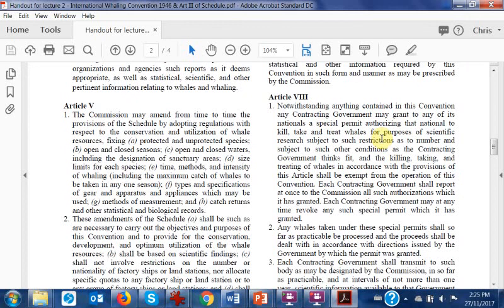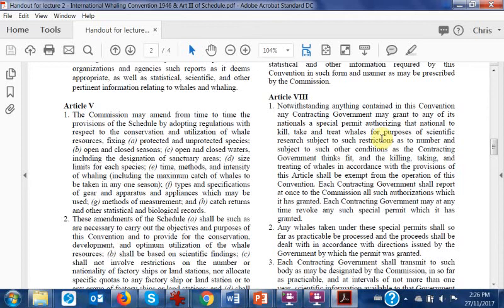Article 8, notwithstanding anything contained in this convention, any contracting party may grant to any of its nationals a special permit authorising that national to kill, take and treat whales for the purposes of scientific research. I'll come back to Article 8. That's what Japan relied upon for a couple of decades to continue its research whaling. Because what happened in the 80s was the contracting parties agreed to amend the schedules to prohibit commercial whaling.